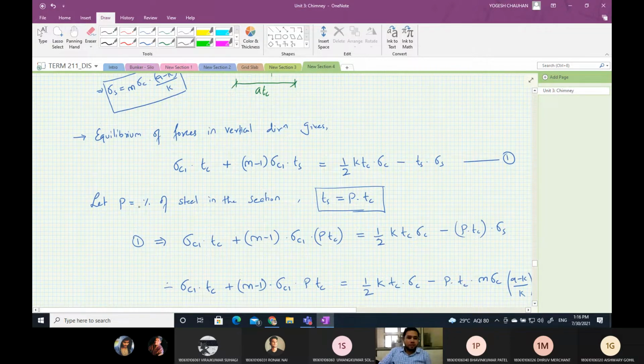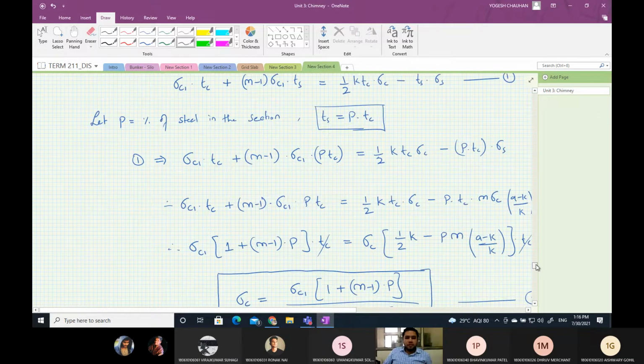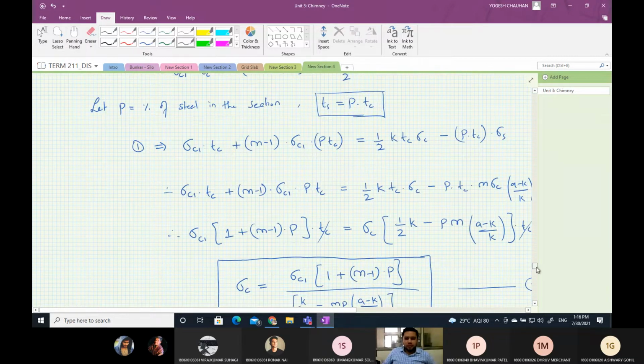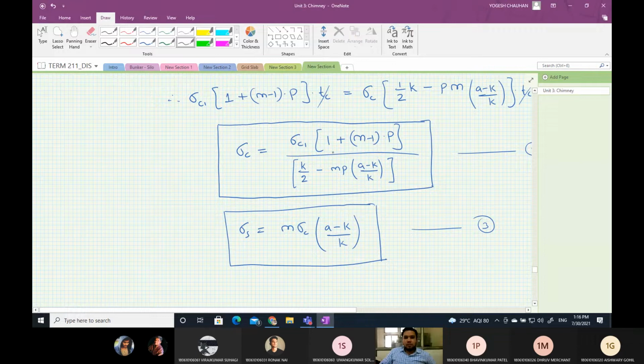Now taking P equal to the percentage of the steel in the section, you will get ts equals P times tc, and substituting this, you will get sigma c equals sigma c1 times (1 plus (m minus 1) P) divided by (k squared by 2 minus mP (a minus k) by k). And sigma s we have already obtained from the geometry of triangle, from the temperature stress diagram.